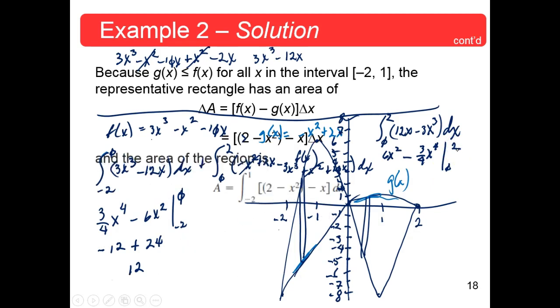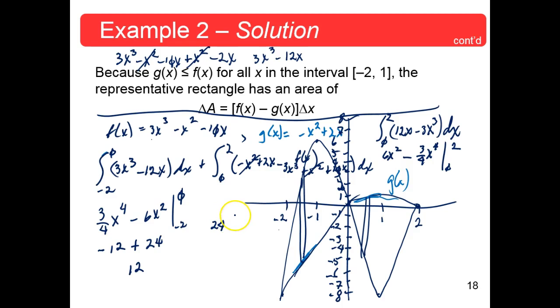This thing is just taking forever. Okay. Well, let's evaluate those. Actually, it's the same values, isn't it? It's going to be a 24 when you plug in a 2, minus 12. Perfect. So that's going to be 12.